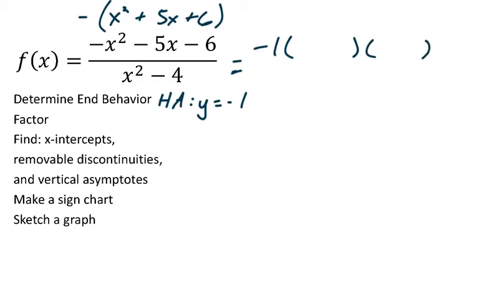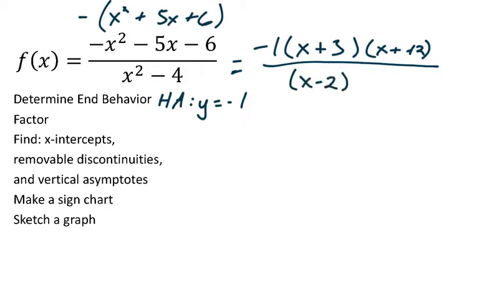So my c is positive, and this one is positive, which means they're both going to be positive. So what multiplies to 6 and adds to 5? That's going to be 2 and 3. So that's going to be x plus 3 and x plus 2. And then I'm going to factor this. Hey, that's a difference of two squares, so I should be able to do that automatically. x minus 2, x plus 2.